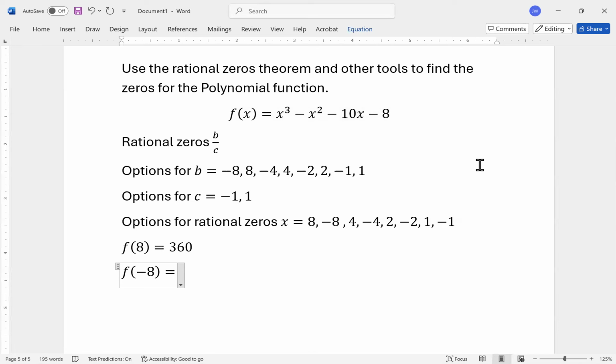Well, I would take negative 8 to the third minus quantity negative 8 squared minus 10 times negative 8 minus 8. That gives me a negative 504. So 8 and negative 8 are not going to be zeros of my polynomial function. Let's try 4, and then we'll try negative 4.